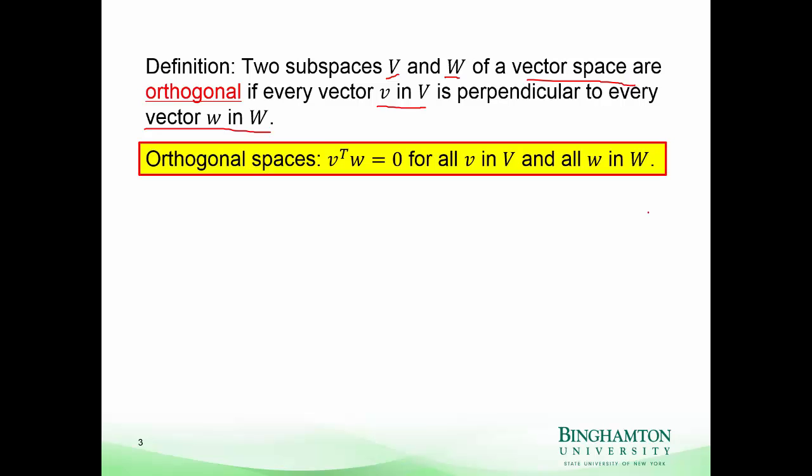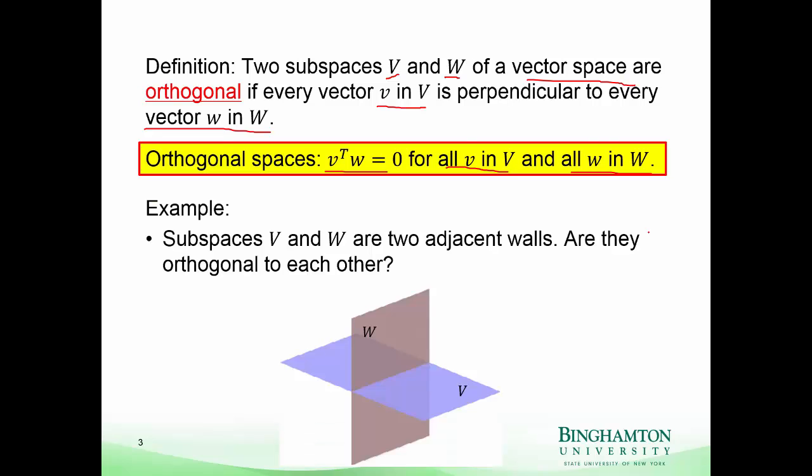Another way to write that, the way that a mathematician would write it down in shorthand, we say that V and W subspaces are orthogonal if v transpose w is equal to 0 for all v in V and all w in W.